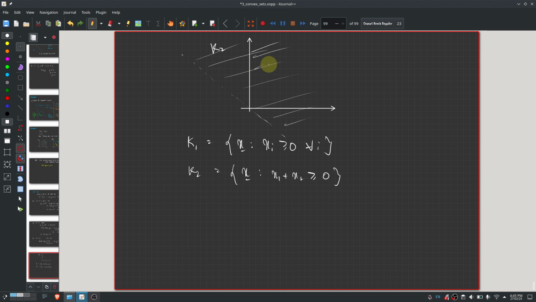This is my K1, and I'll also define K3 as maybe just the ray shooting out of the origin. I can take any ray. So let me say x equal to alpha times (1, 1), alpha greater than or equal to 0.